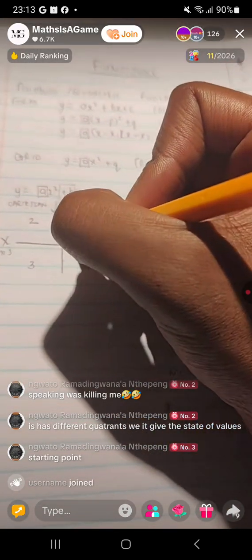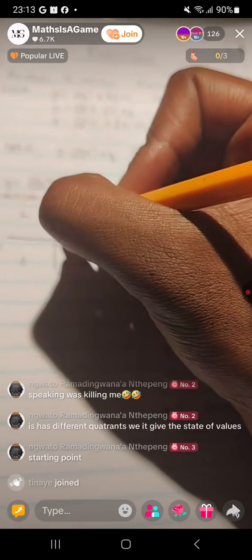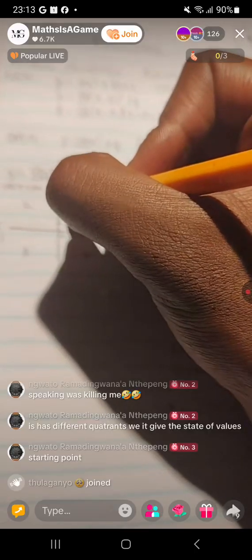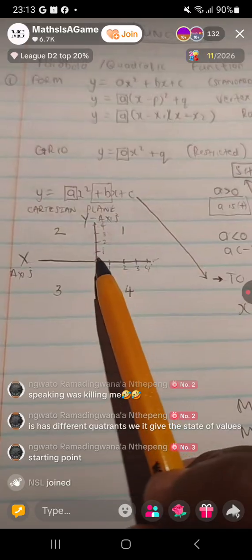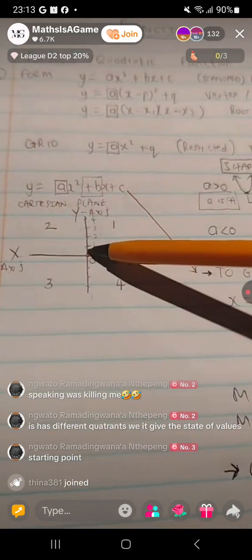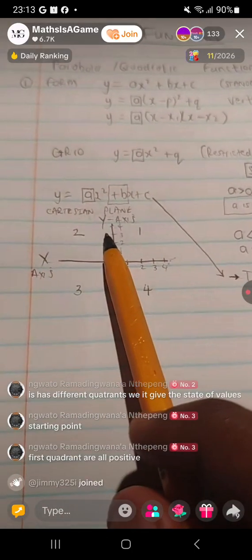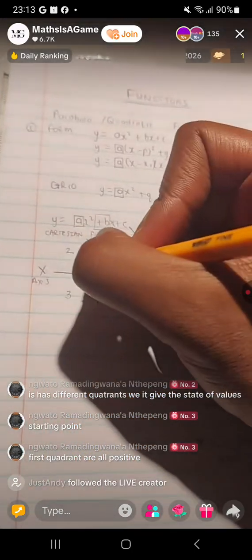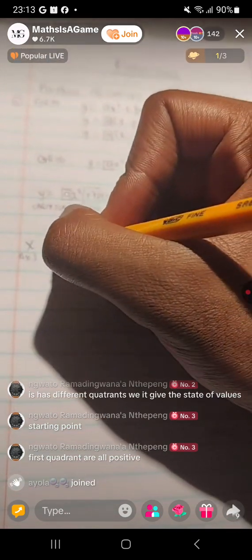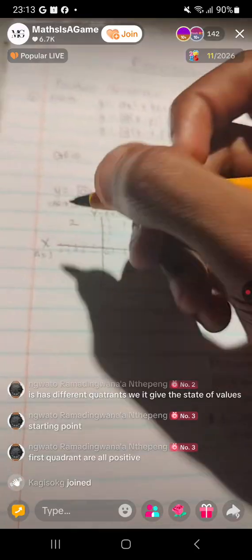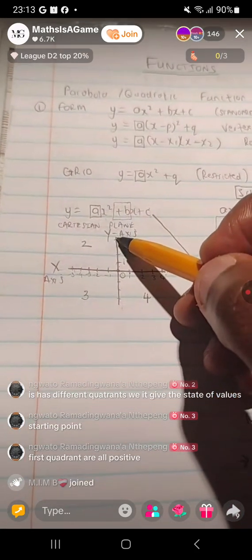So the values of x this side are positive, 0 there is neutral, and the y values here are also positive. So in the first quadrant, your x values are positive and your y values are also positive. In the second quadrant, the x values are negative, because -1, -2, -3, -4, -5, but your y values are positive.